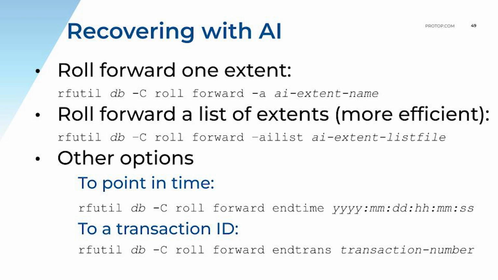You can roll forward right up to that point if you know that time. Or if you've scanned your AI logs and you know a transaction ID, you can be even more granular. You can say roll forward up to this transaction number so that you can catch up as much data as possible, lose as little data as possible, and not apply the poison change to your restored database.